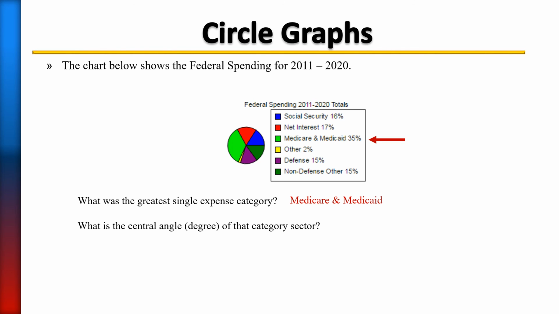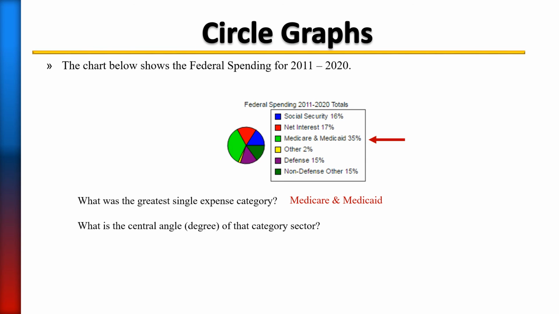So it says, what is the central angle? In other words, what is the degree of that category? So we know that it's about 35% of the whole. We don't know the degree. In order to find the degree, recall, we want to know what is 35% of 360.